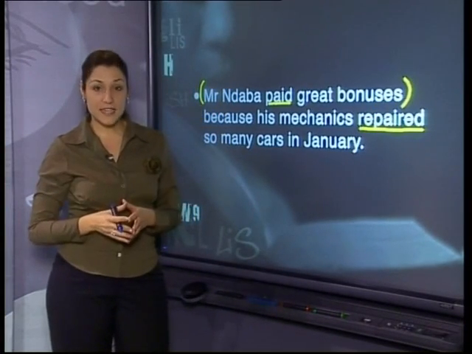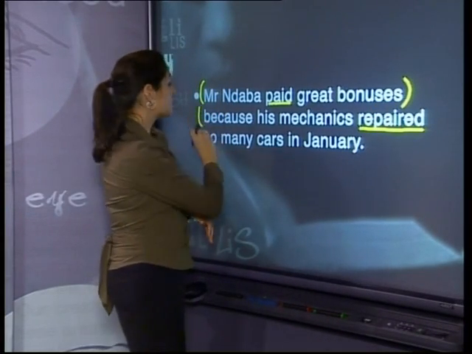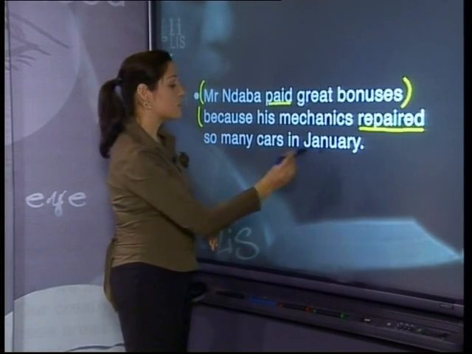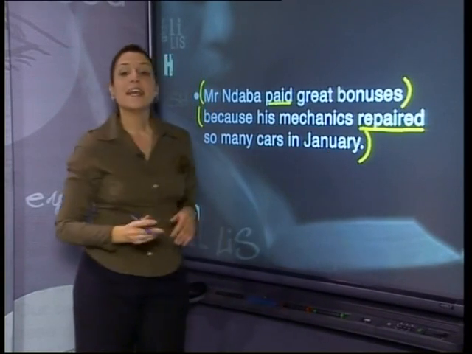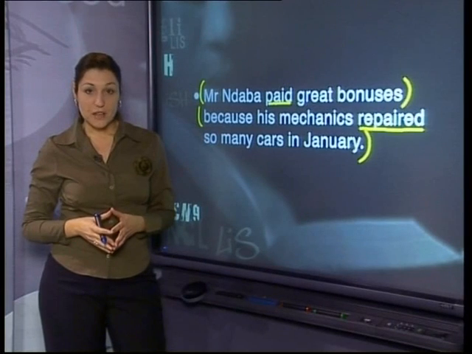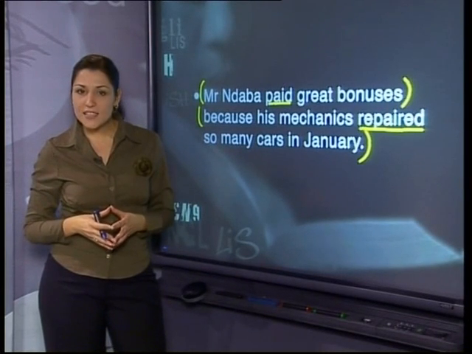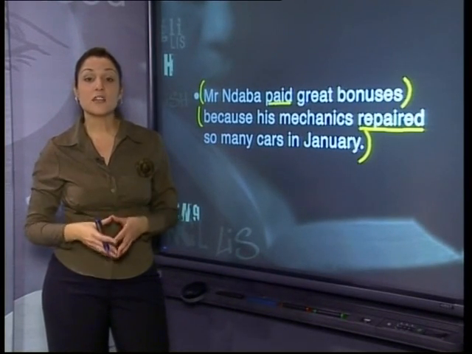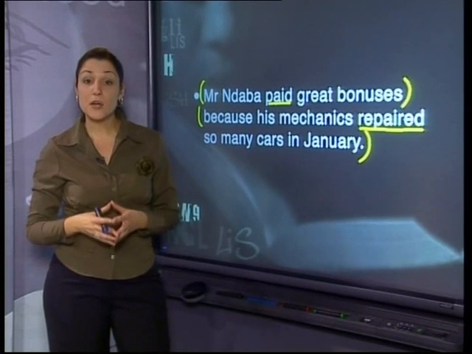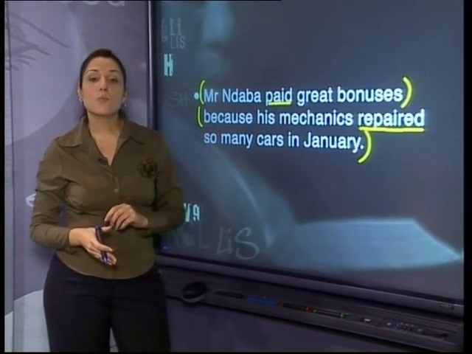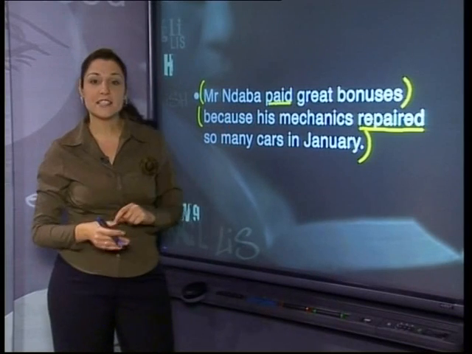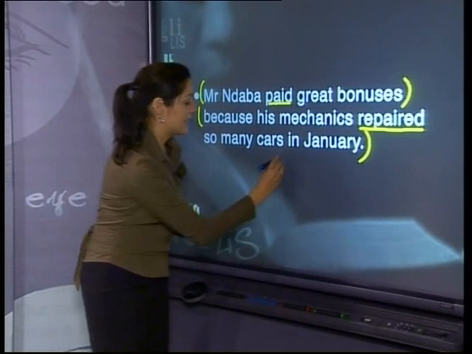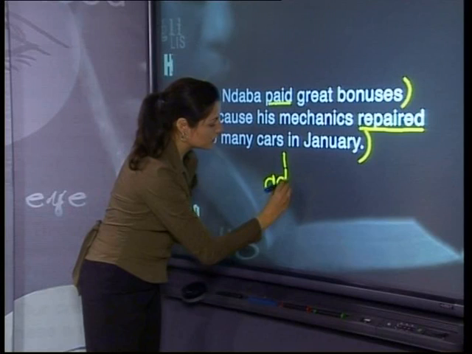The rest of the sentence, because his mechanics repaired so many cars in January, is the subordinate clause. What type of subordinate clause is this? It is telling us about why Mr. Ndaba paid bonuses. So it is telling us more about the verb paid. This is an adverbial clause.